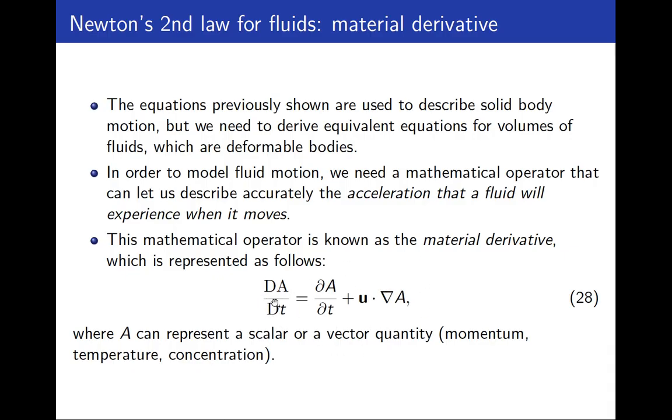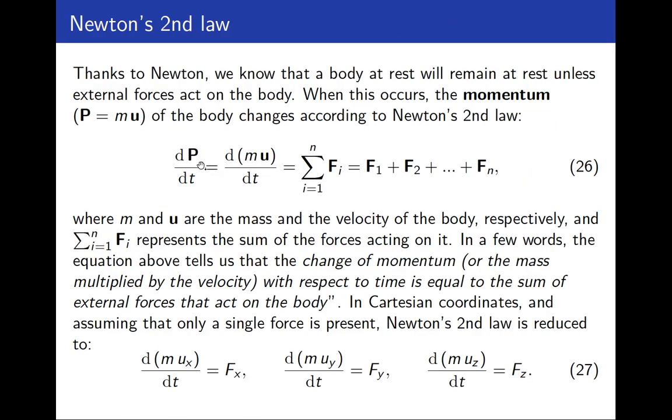So we have this symbol, this derivative, known as the material derivative, and A can represent a physical quantity. It can be, for instance, a scalar, such as the temperature or the concentration of a species in a mixture. Or it can also be a vector quantity, such as momentum. In our case, we are interested in deriving the material derivative for the momentum, which will be P.